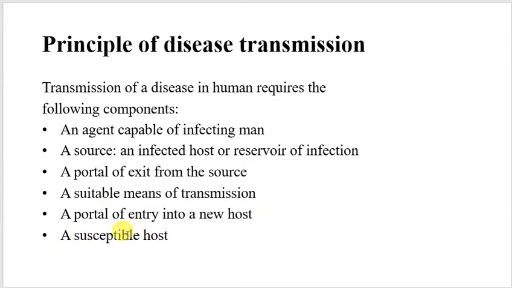The term susceptible here is very important, because if you have a host that is not susceptible to getting that infection, you are not going to have a disease. So we have susceptible host and resistant host. A resistant host is a host which prevents itself from getting infection, and a susceptible host is a host which is at high risk of getting infection.